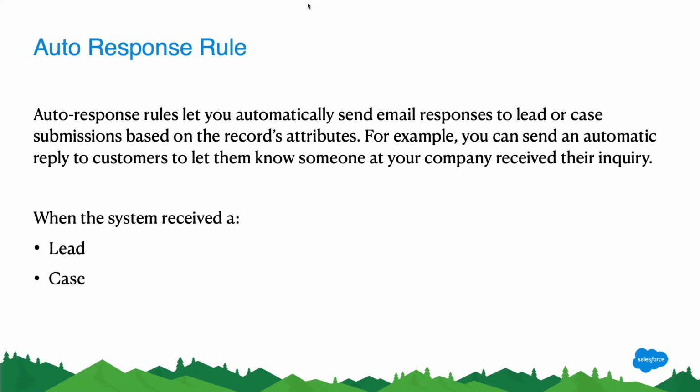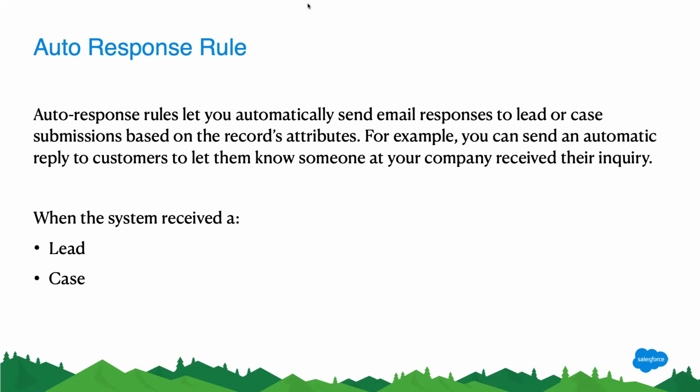When a case is created, if it is email to case, we know this email created the case. If the contact is already there, we capture the email. Even when creating web to case, we capture some information.